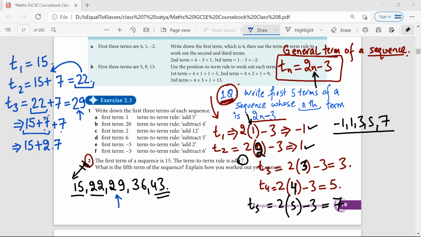So basically, if we look closely, for finding the second term, I do 15 plus 7. For finding the third term, what I need to do basically is 15 plus twice of 7. Satya, have you understood?